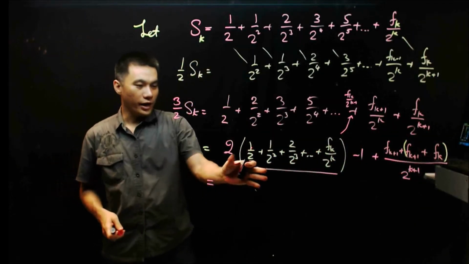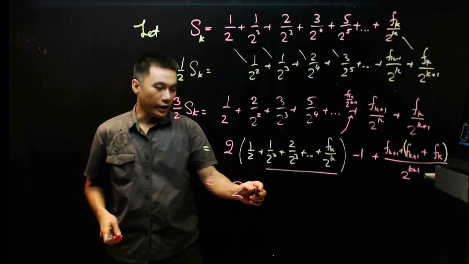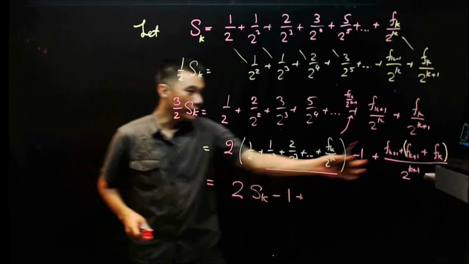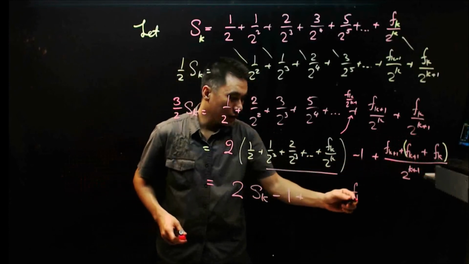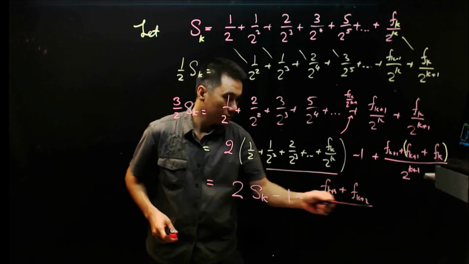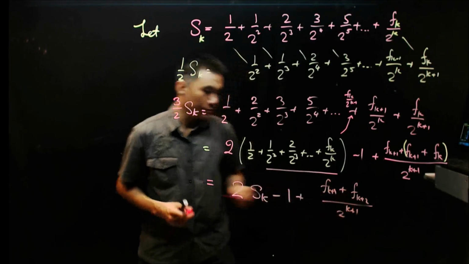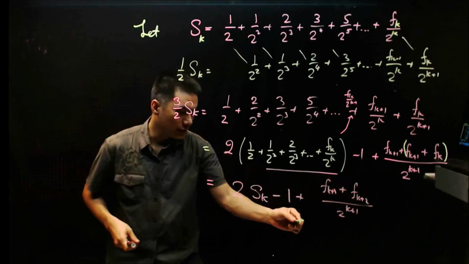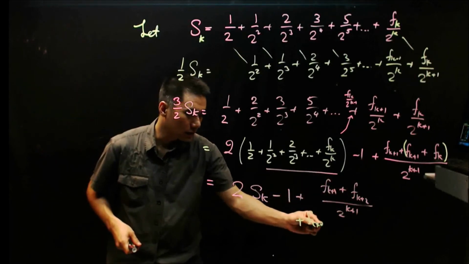So what we have here is this is 2 and this is S_k minus 1. Note that this will give me F_(k+2). So this itself will give me again F_(k+3).